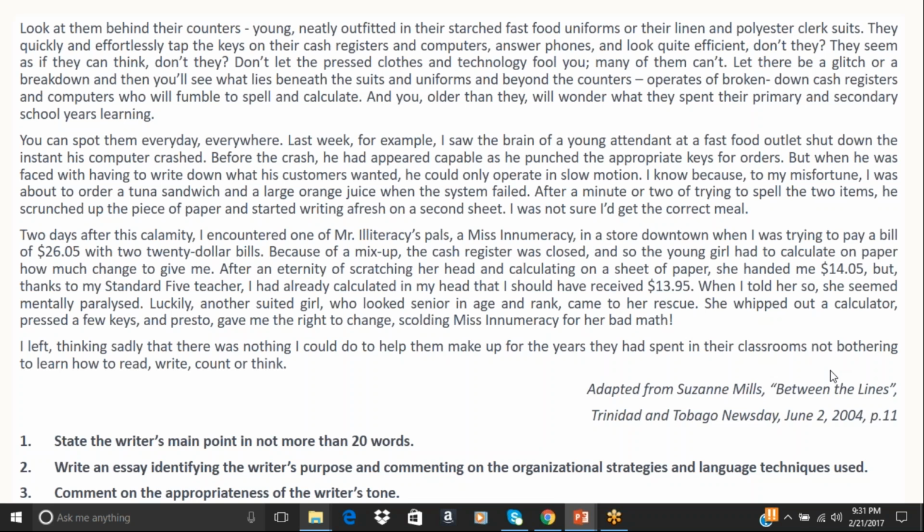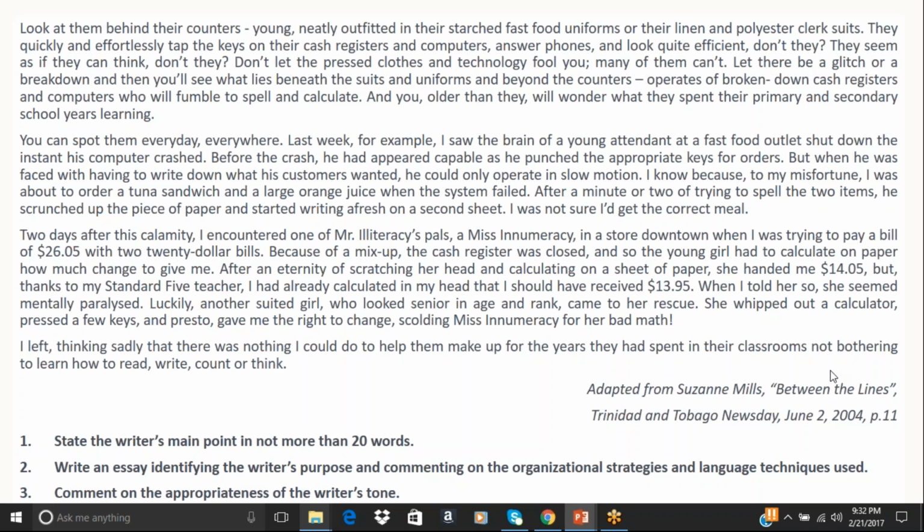Look at them behind their counters. Young, neatly outfitted in their starched fast food uniforms or their linen and polyester Clark suits. They quickly and effortlessly tap the keys on their cash registers and computers, answer phones and look quite efficient, don't they? They seem as if they can think, don't they? Don't let the press close and technology fool you.